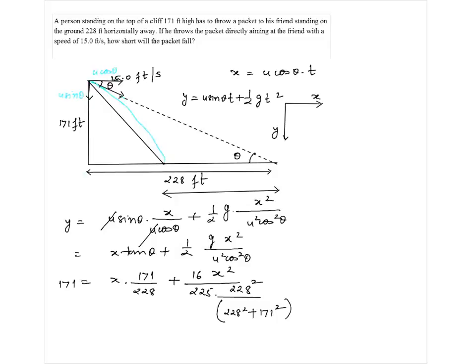If this thing is divisible by 171, our job should become a little easy. 228 square plus 171 square. Is it divisible by 171? Yes, it is. Let me first copy this to the next screen.